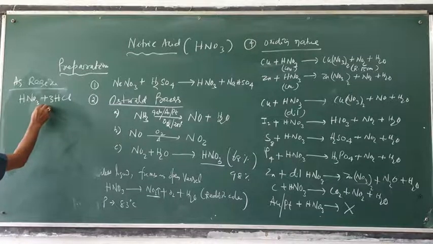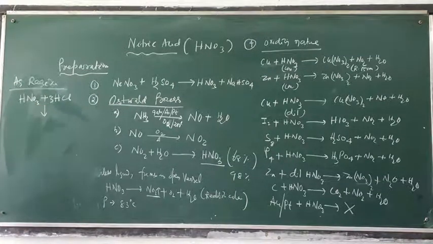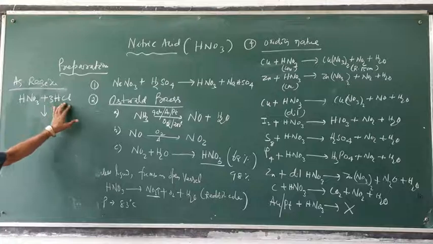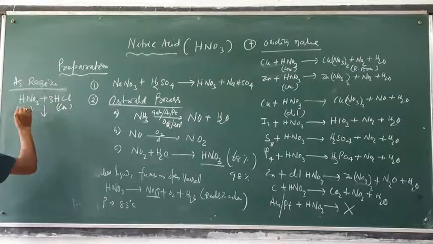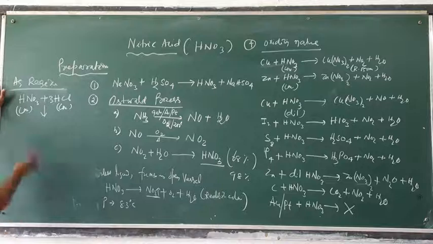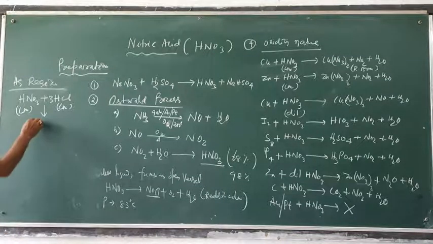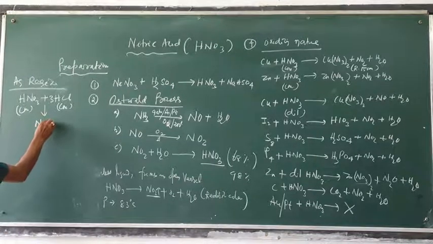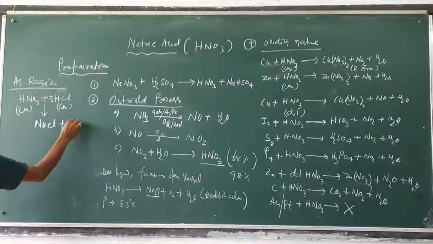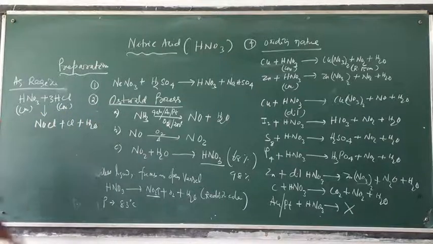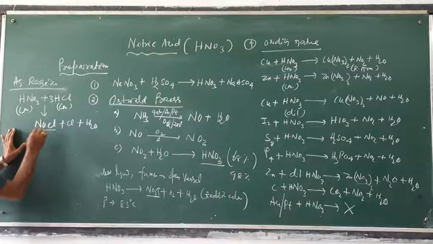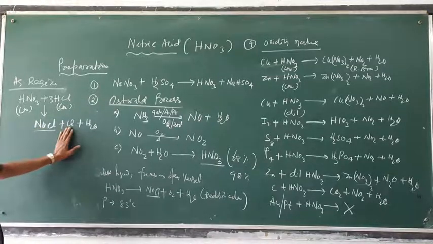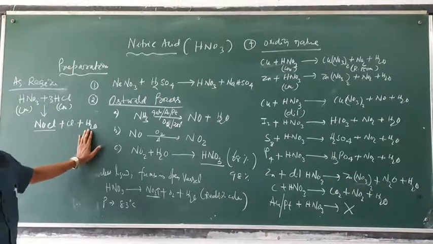In aqua regia, nitric acid and HCl, both concentrated, react and produce NOCl plus chlorine plus water. It produces nitrosyl chloride, atomic chlorine and water.